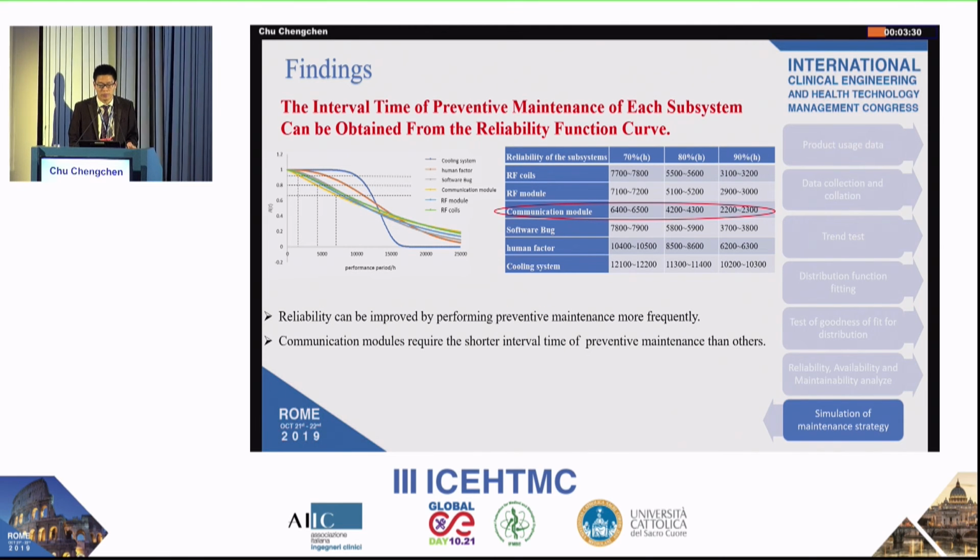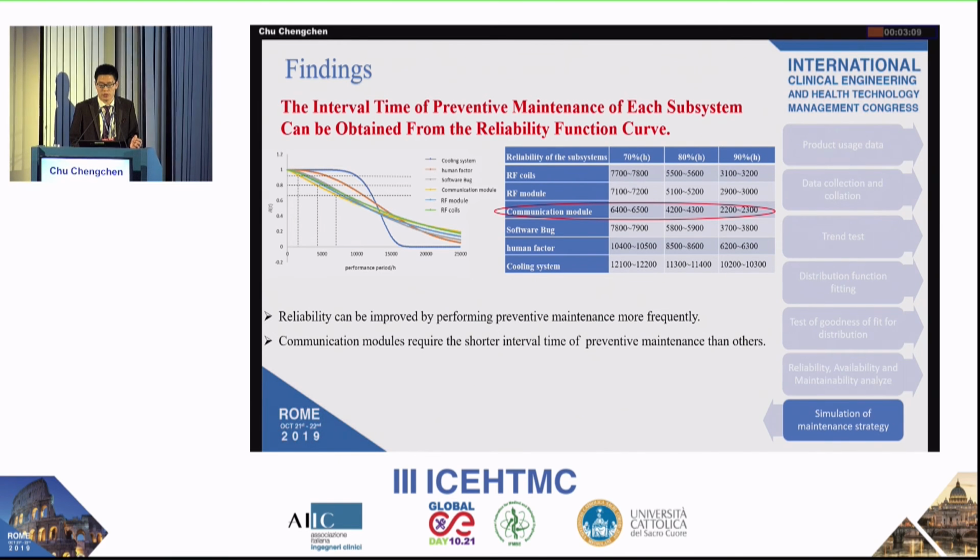For example, if we want to get the reliability of 90% for the communication models, the preventive maintenance time may be 2,200 hours to 2,300 hours. From the table, we can see that the reliability can be improved by performing preventive maintenance more frequently.